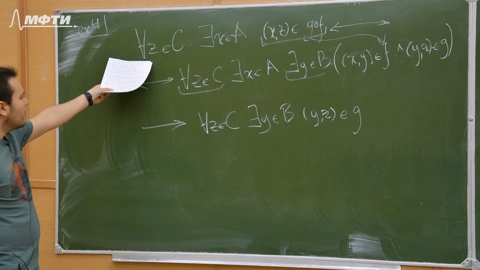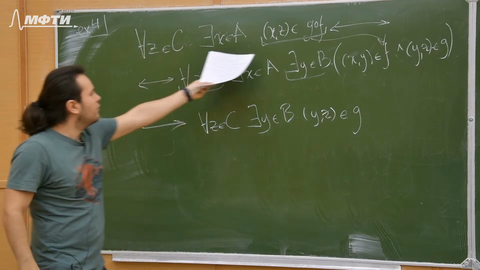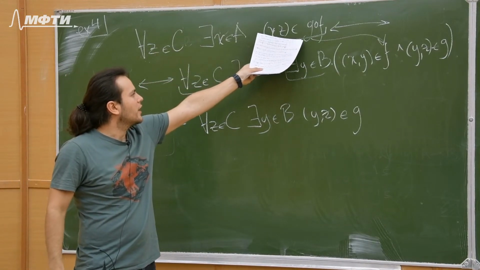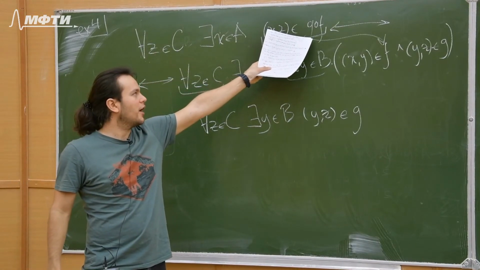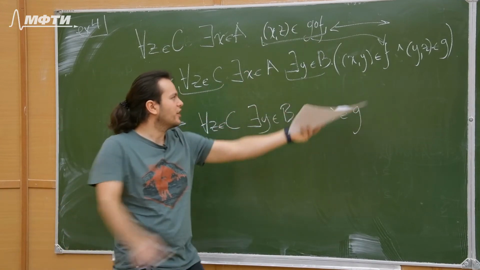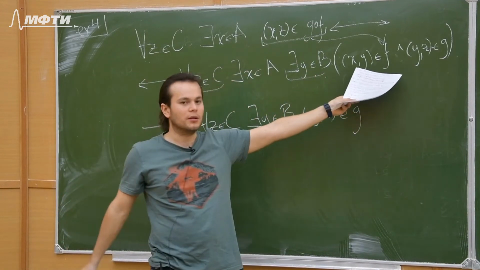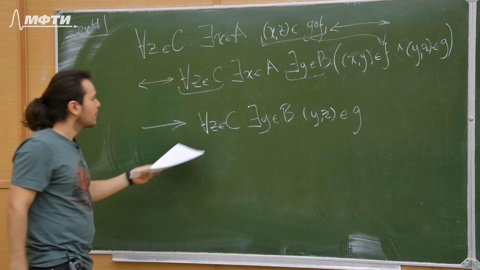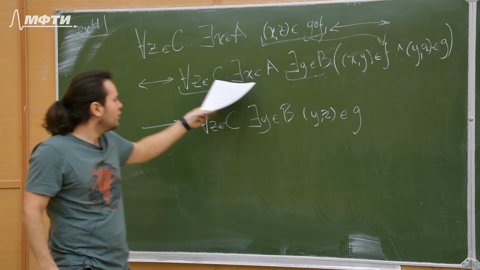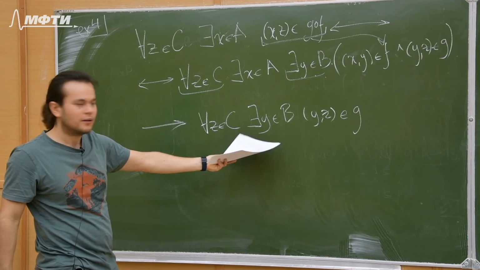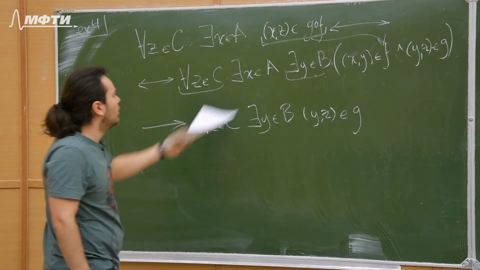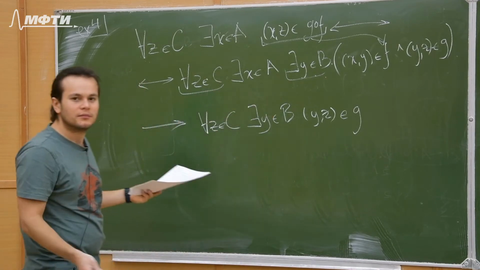So this is given. Then by the definition of the composition of G and F, we have that there exists some y in B such that this holds. And then this implies this, right? We just forgot about x, but everything is true here.